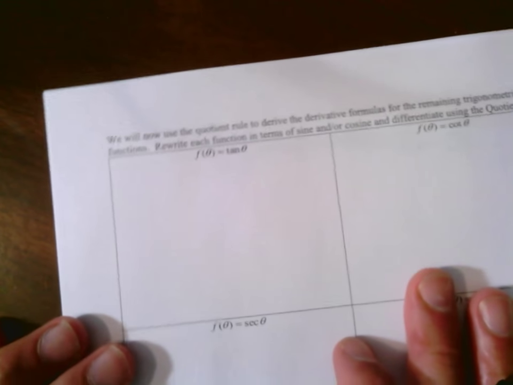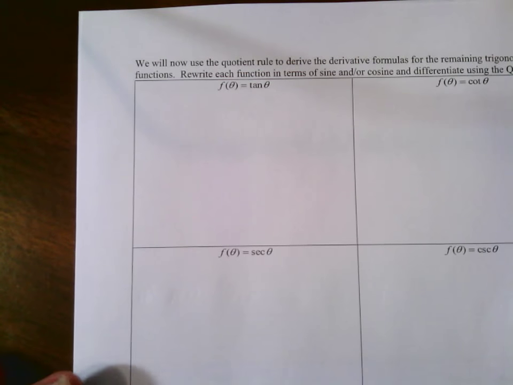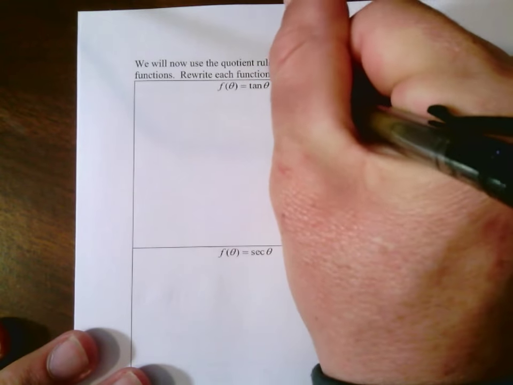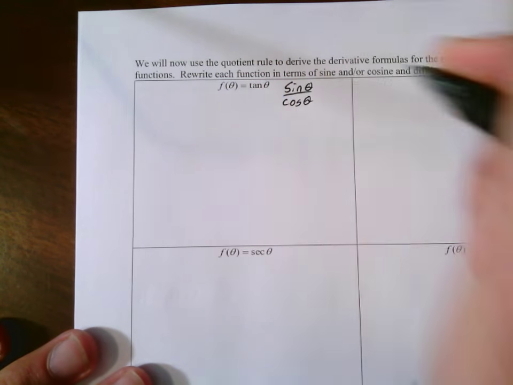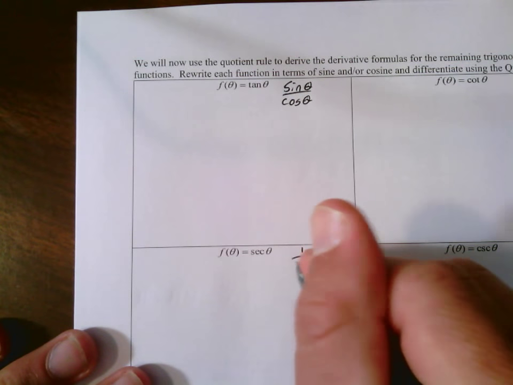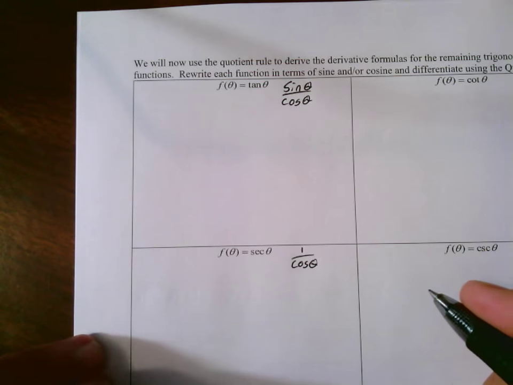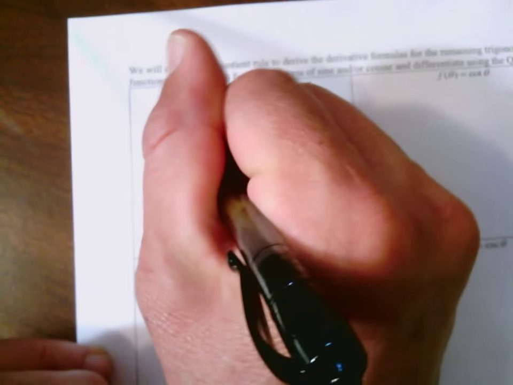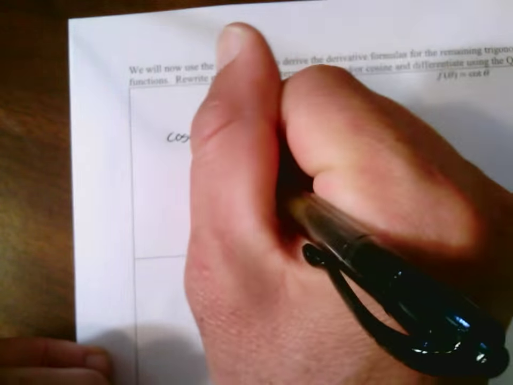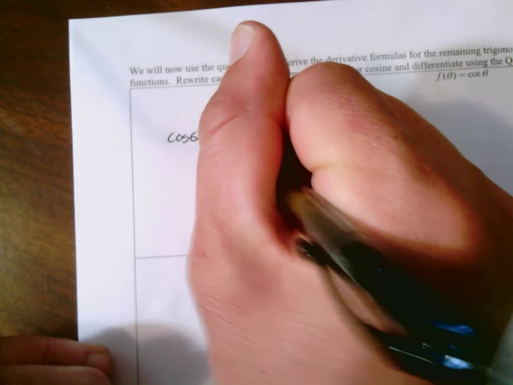Alright, so now we can take the derivative of all of our trig functions. Remember, tangent is sine over cosine. Secant is 1 over cosine. So let's take the derivatives. The derivative of the numerator, sine, is cosine, times the bottom, cosine, so it's going to be cosine squared.